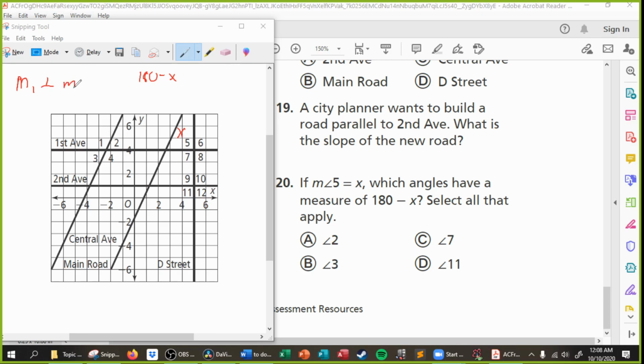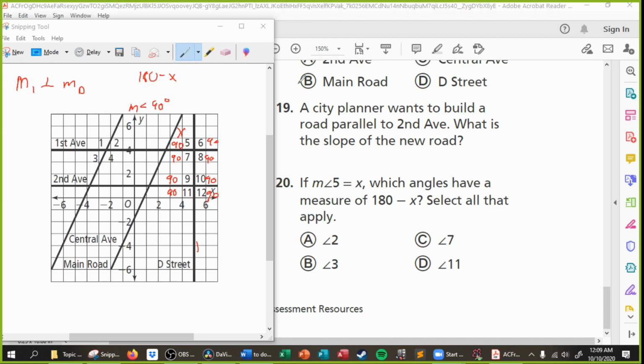Because one's horizontal, one's vertical, one's zero slope, one's undefined. If these are perpendicular to each other, then the measure of angle 5 is just 90 degrees. And since all of these are linear pairs to each other, and by vertical angles theorem, all of these angles are 90 degrees. And now that we know that, by the corresponding angles theorem, we can drop all this information down.